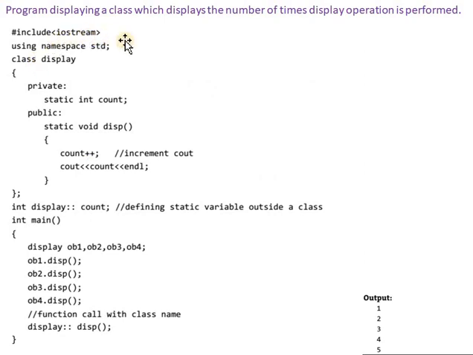Here is one sample program that demonstrates this. This program has a class which displays the number of times the display operation is performed. Here is one class named display. In that class there is one static data member, count, of type integer. Then a static member function is declared.